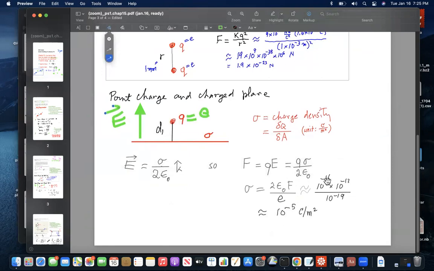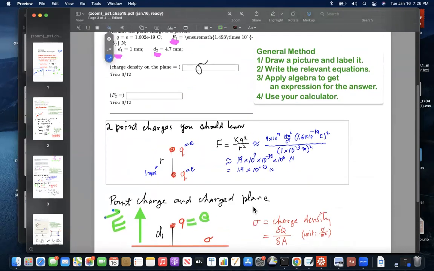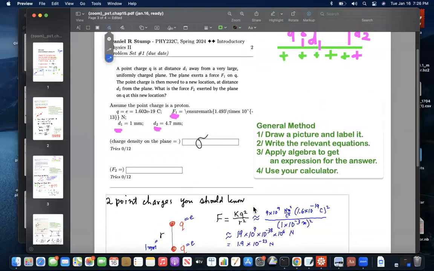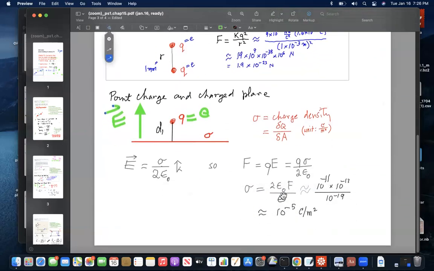And the units, well, I didn't write the units down here, but I figured out a minute ago that the units have to be coulomb per meter squared. So in this answer box, I write down the value of sigma, and it's approximately 10 to the minus 5 coulomb per meter squared.